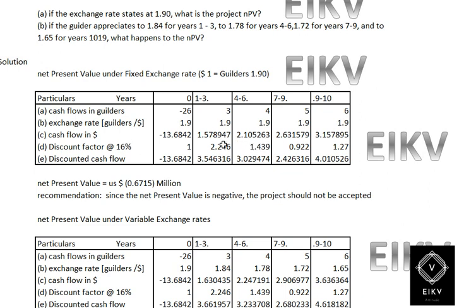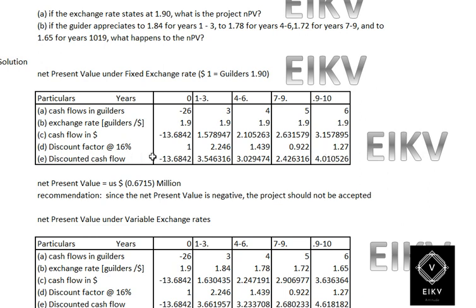After computing that, we need to multiply the same with the discounting factor of 16%. At the beginning of the year it would be 1, and for 1 to 3 years we need to take the sum total of 3 years, that is 1 divided by 1.16, and so the factor will be 2.46, for 4 to 6 it will be 1.43, then 7 to 9 it would be 0.92, and 9 to 10 it would be 1.27.